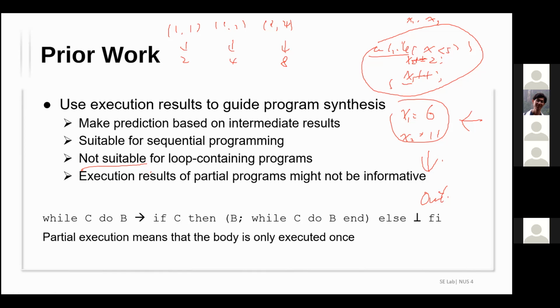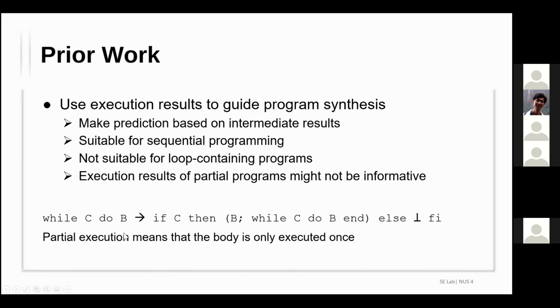But anyway, program synthesis is still at a very initial stage. Okay, keep going. Yeah, roughly I think the loops make the whole program very complicated. It can still be informative, but it might not be informative.